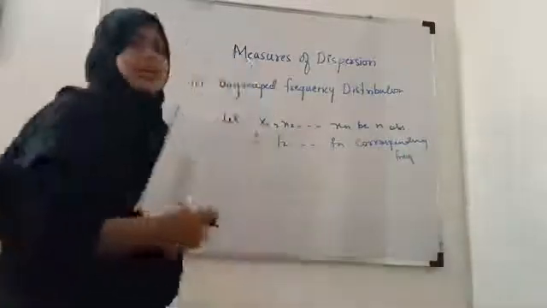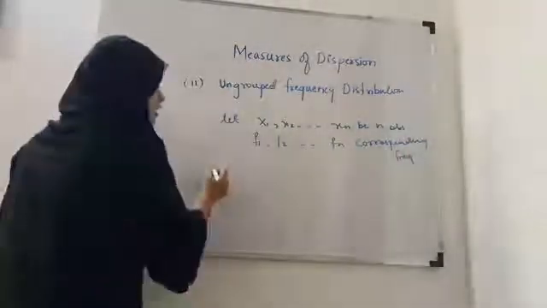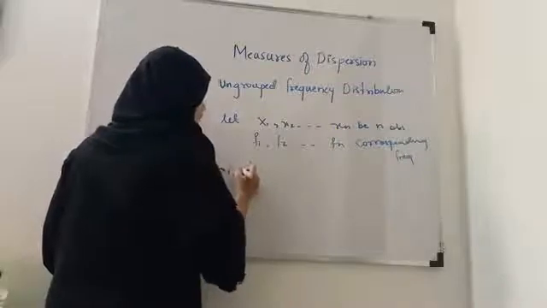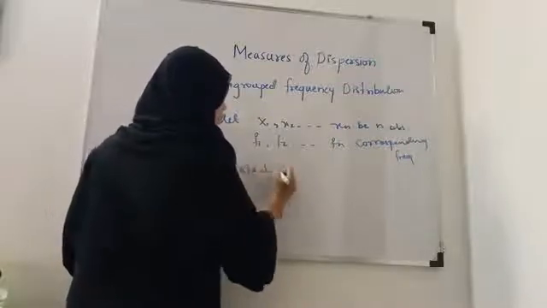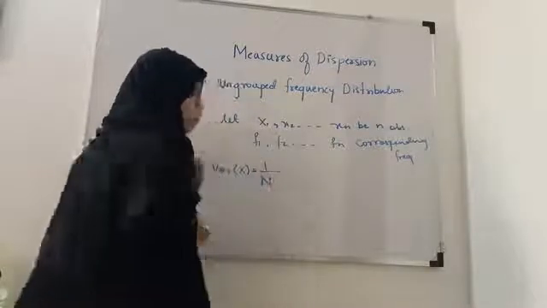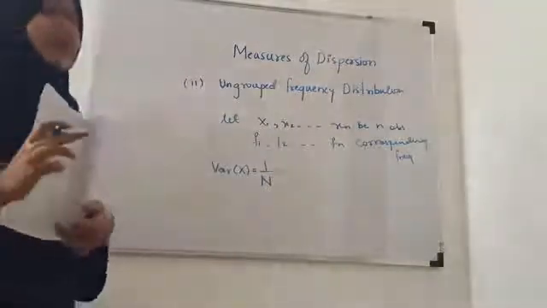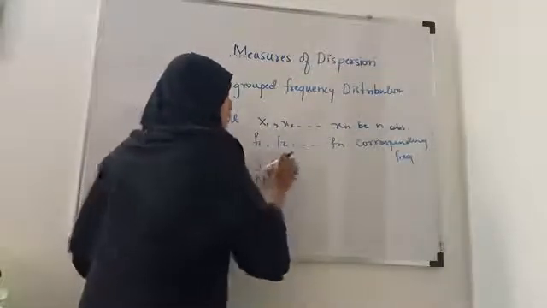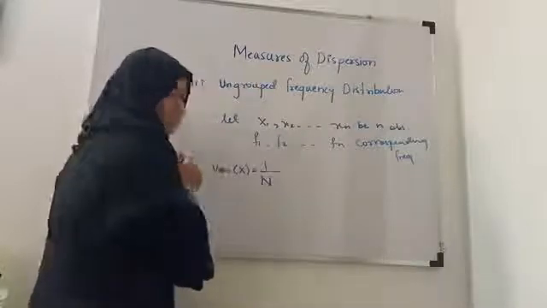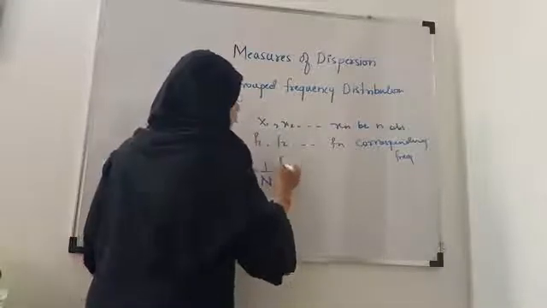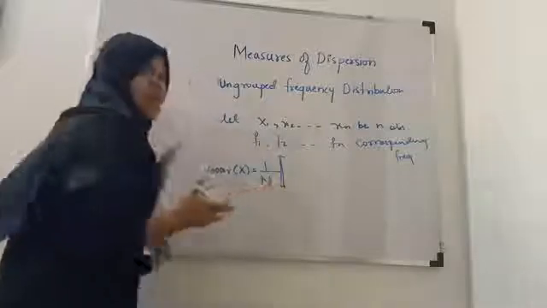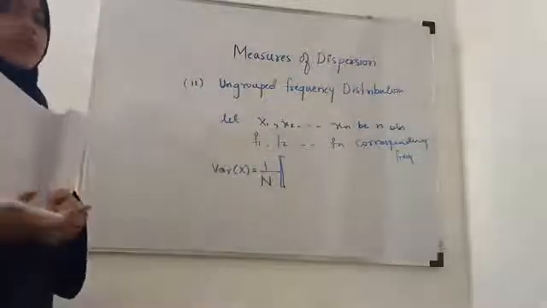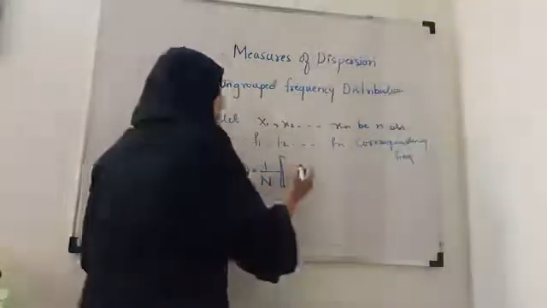Okay, then the formula for the variance is given by variance of x is equal to 1 upon capital N. Okay, instead of small n you have to use the capital N. Capital N means it is a summation of all frequencies. Okay, we have seen in your school that to find out the median and mode we require capital N.